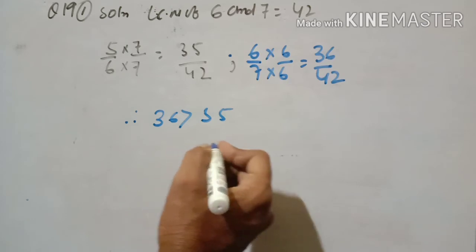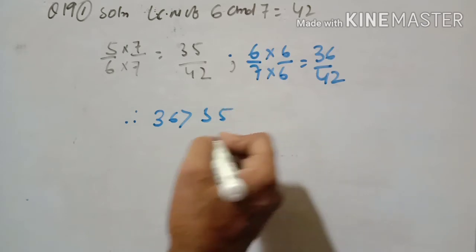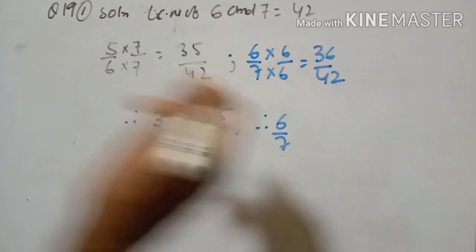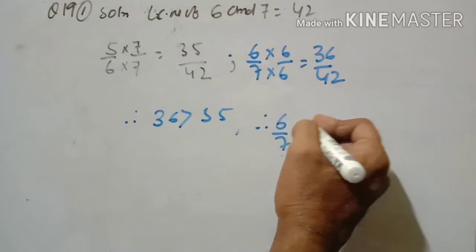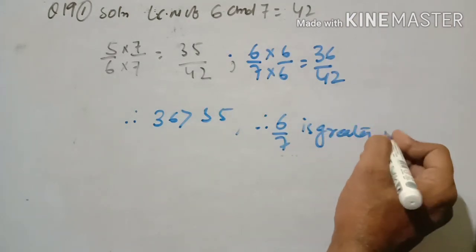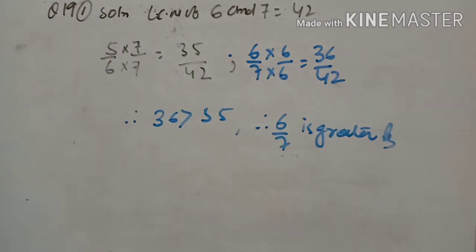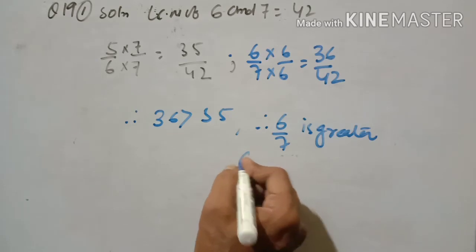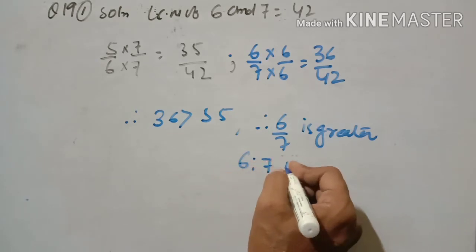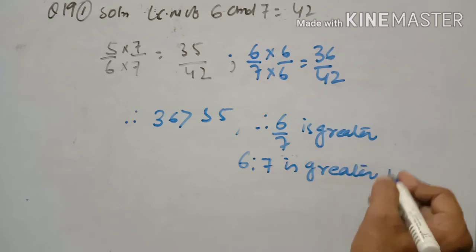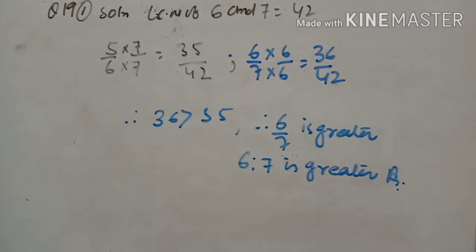Therefore 6 by 7 is greater. Write down please. 6 by 7 means 6 is to 7, and 6 to 7 is greater. According to the question you write.